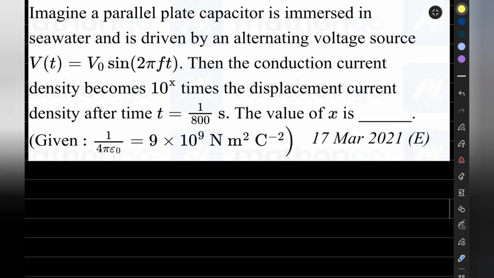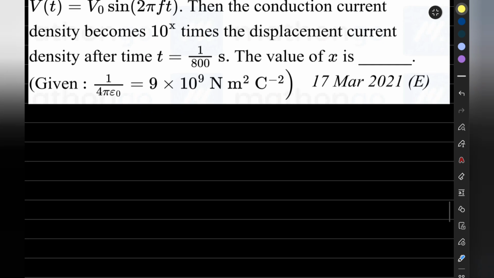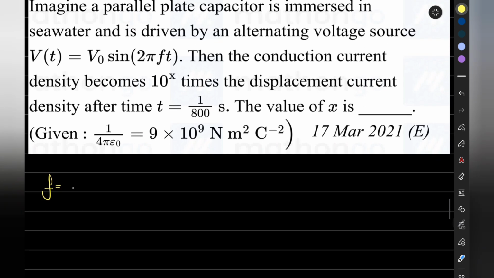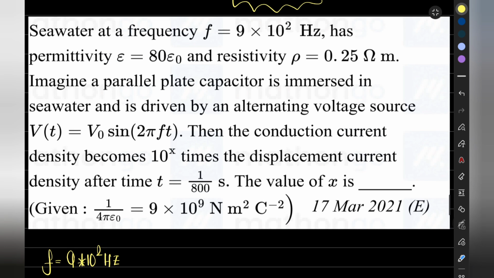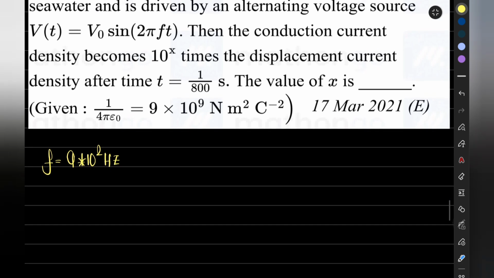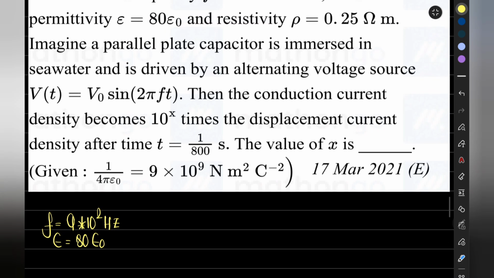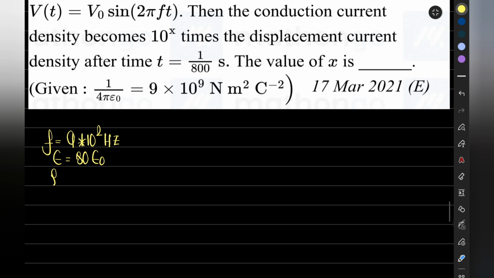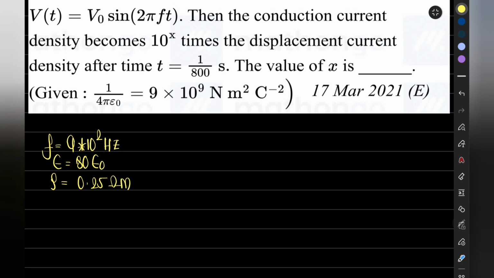Okay, so the first thing given is the frequency of that sea water, which is 9 into 10 to the power 2 hertz. After that they have given the permittivity of the medium, which is seawater, epsilon, which is 80 times epsilon naught. After that they have given the resistivity rho, whose value is 0.25 ohm meter.